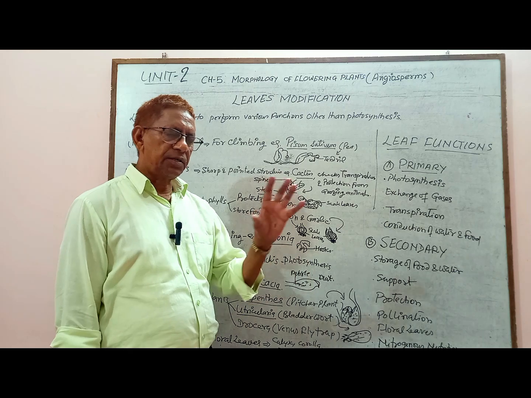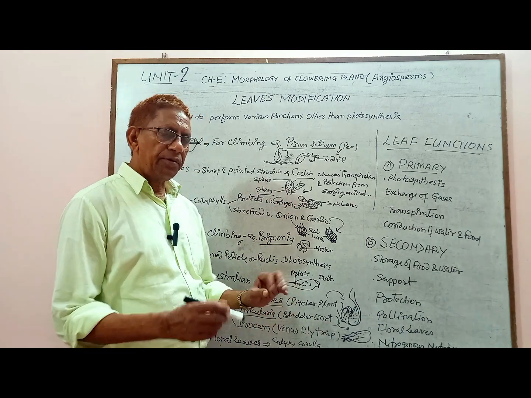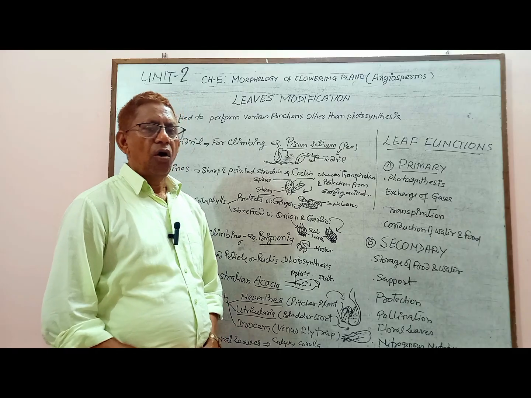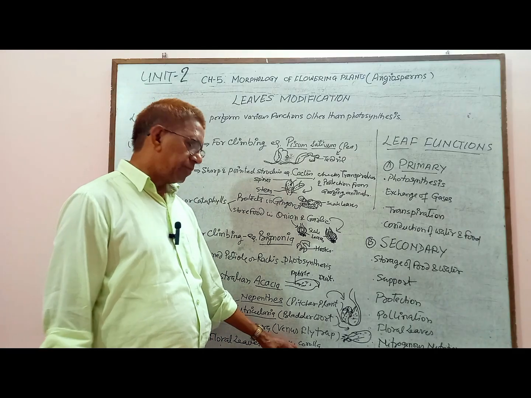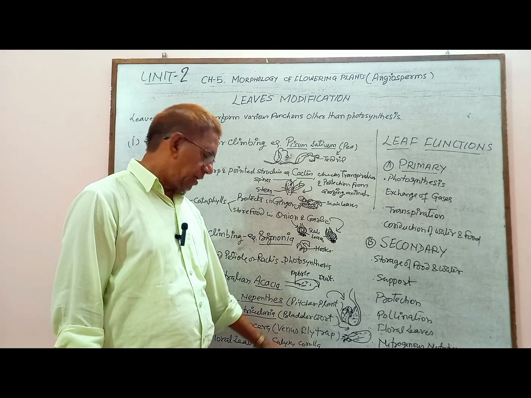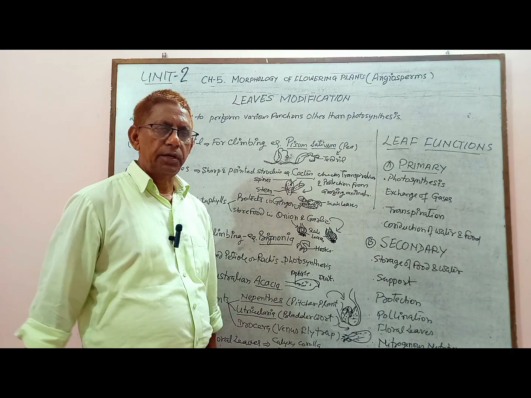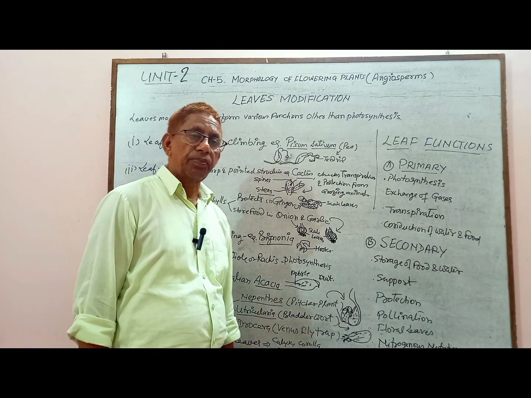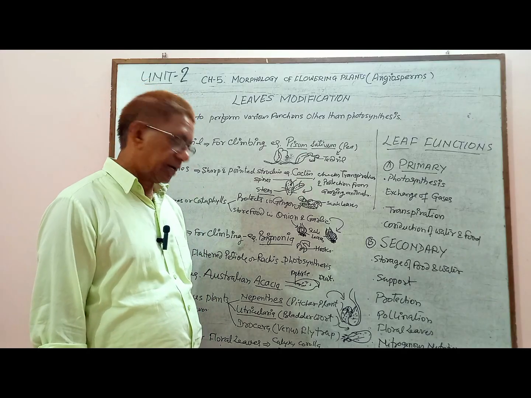It is bright in color, so the insects are attracted toward it and sit on the leaves, and they are entangled. In such a manner they take the nitrogen components from the insect body.